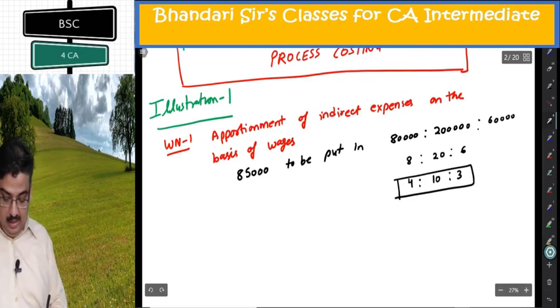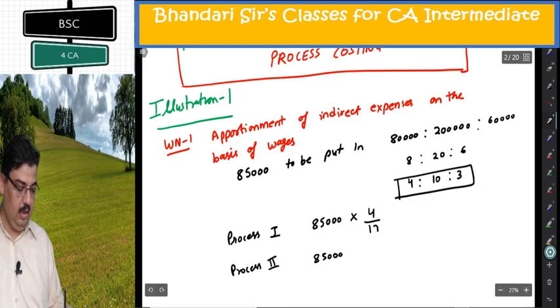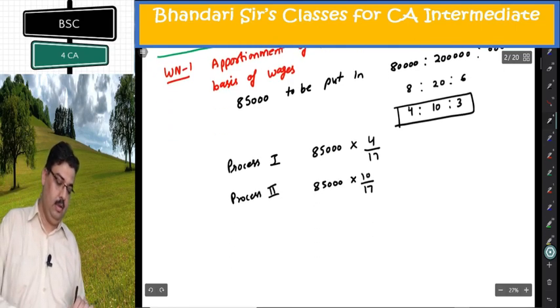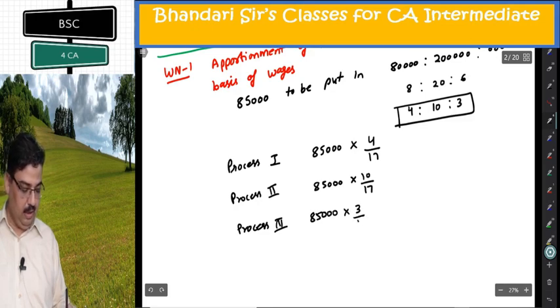So in process 1, indirect expenses will be 85,000 into 4 by 17. In process 2, 85,000 into 10 by 17, and in process 3, 85,000 into 3 by 17.